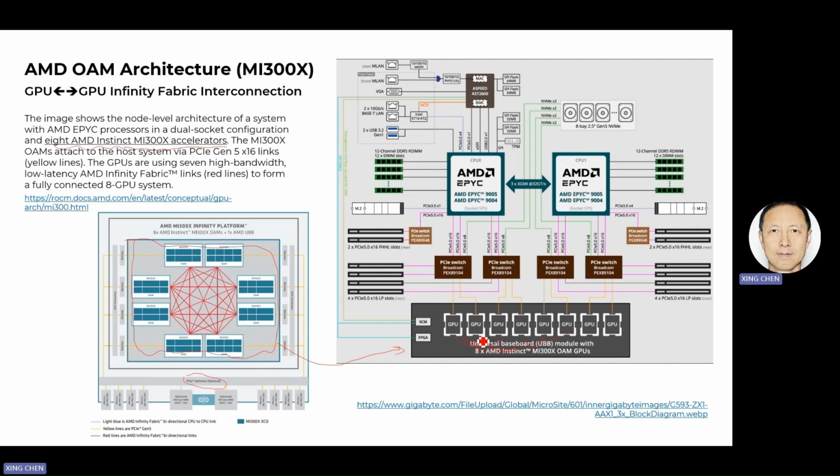Now it has not been shown here, but really you have this kind of all-to-all links between the 8 GPUs. And then the 8 GPUs are connected to the system by PCIe links. Here we have PCIe 5.0.